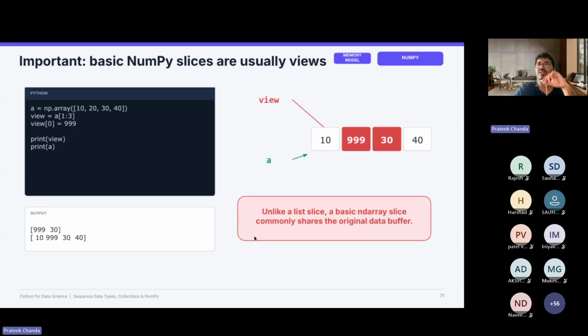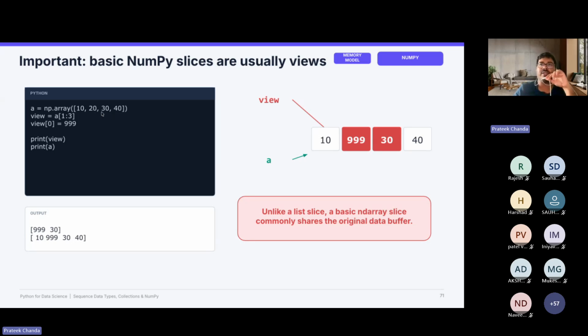The other important thing is that basic NumPy slices are usually called views. What I'm doing here is, I have an array of these numbers. Now I am creating a new sub-array of that called view, which gives me numbers from index 1 to 2, because the last 3 is not included.